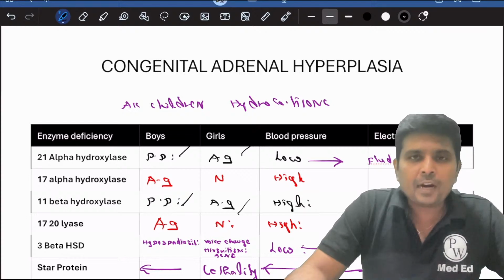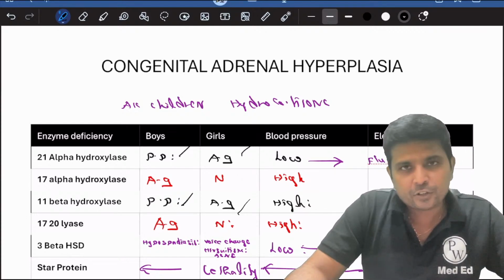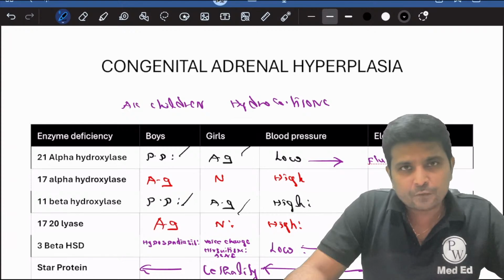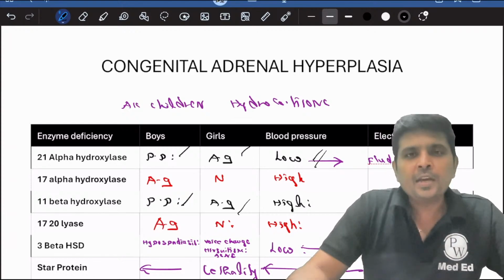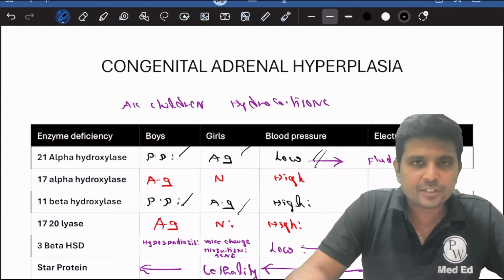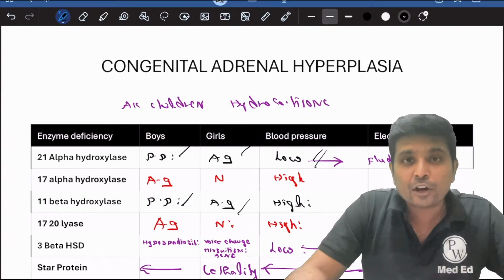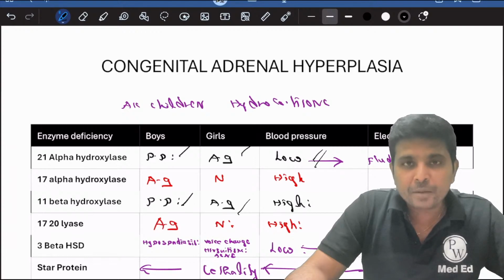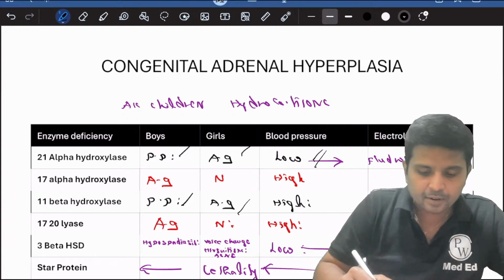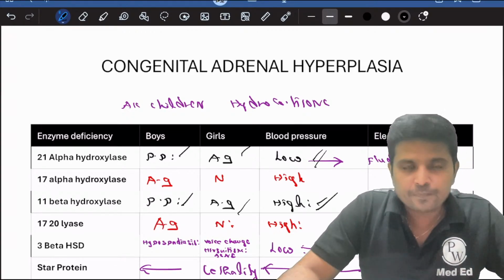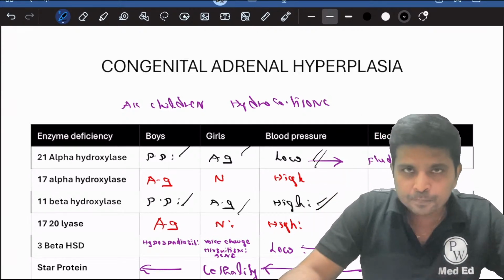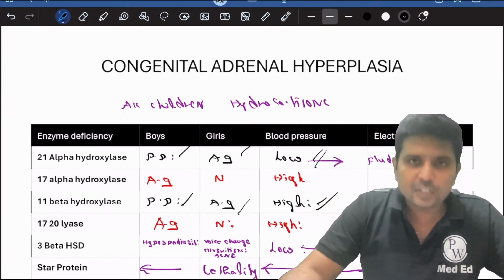And 21 alpha hydroxylase deficiency is characterized by absent aldosterone, as a result of which you will get hypotension. Whereas 11 beta hydroxylase deficiency is characterized by excess 11 deoxycorticosterone, which has some of the activity of aldosterone, as a result of which your BP is high. Whereas 17 alpha hydroxylase and 17,20 lyase are involved in the production of testosterone.